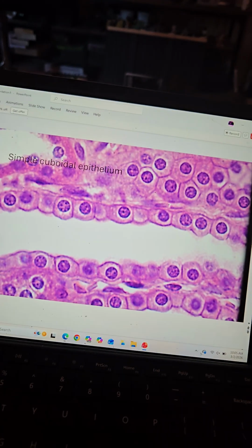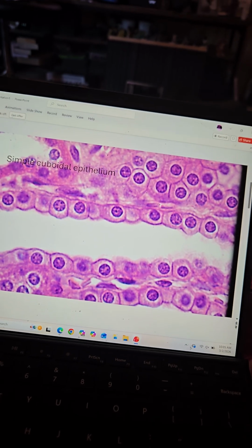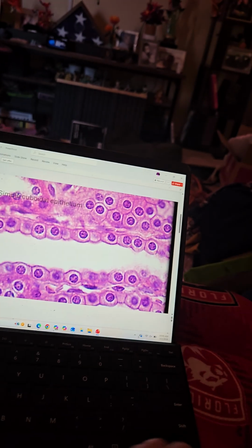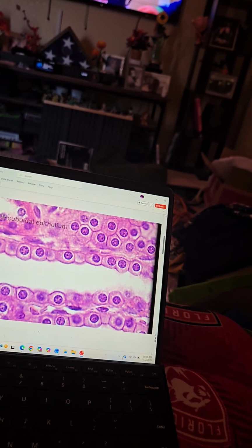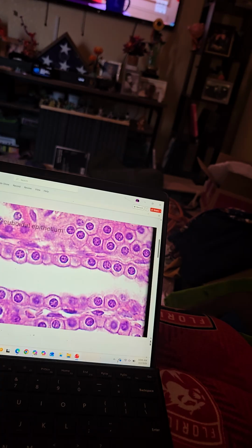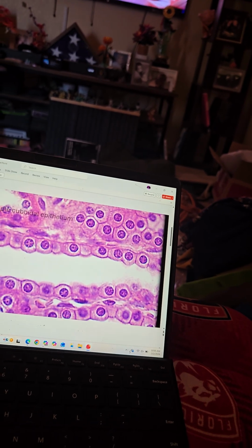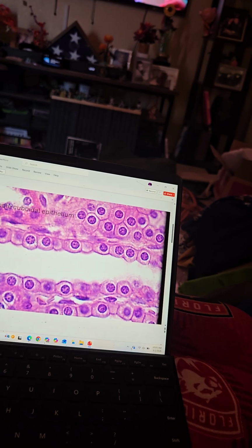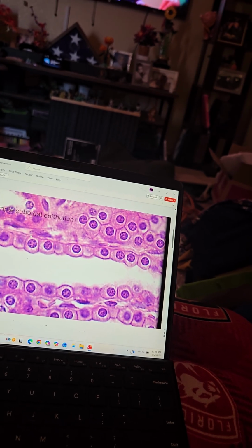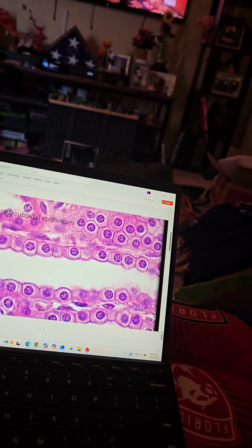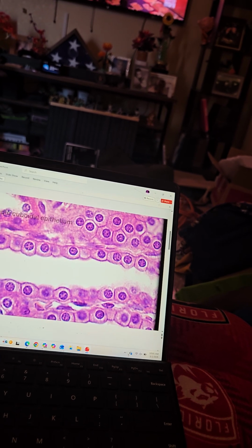Moving on, we have the simple cuboidal epithelium. The way you can tell that this is the cuboidal is because of these square, rounded cells that you see here. Right here between is you're going to find that basement membrane. Here.